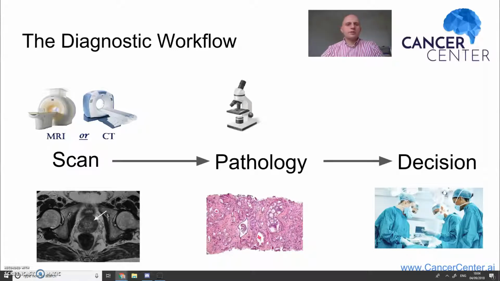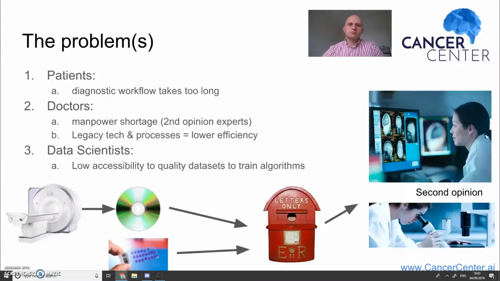If the result is positive, a biopsy procedure is undertaken, and a pathologist examines the sample under a microscope. If that examination is positive, then a panel of doctors make a decision on the type of treatment. During the treatment, the diagnostic workflow might be repeated multiple times to assess the treatment progress or outcome.